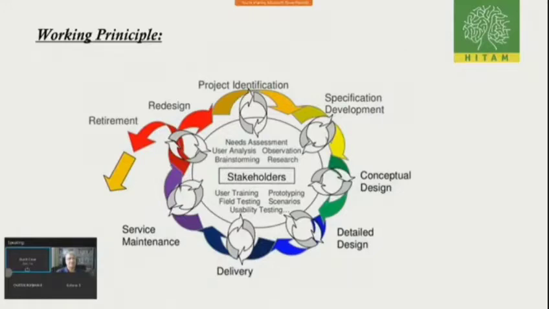After that, we go for the detailed design, that means the product design, and then the next step is delivery. In between detailed design and delivery, we once again confirm with the delivery partner, the community partner, with the product, with their comments and remarks. Then we go for the service maintenance and then for the delivery.